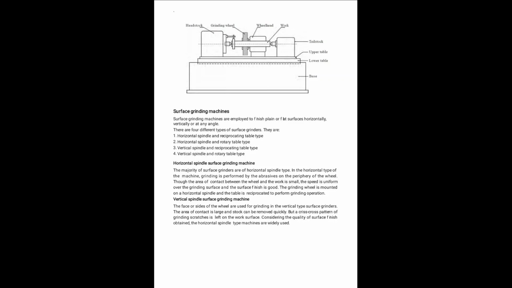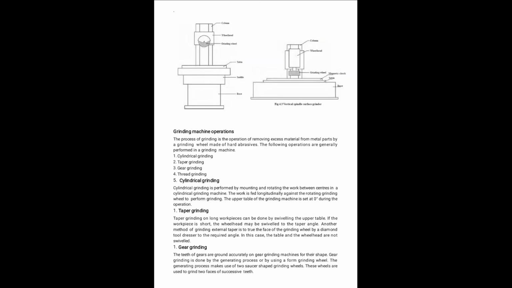Considering the quality of surface finish obtained, the horizontal spindle type machines are widely used. This is shown in the figure for vertical and horizontal type plain grinding machines.